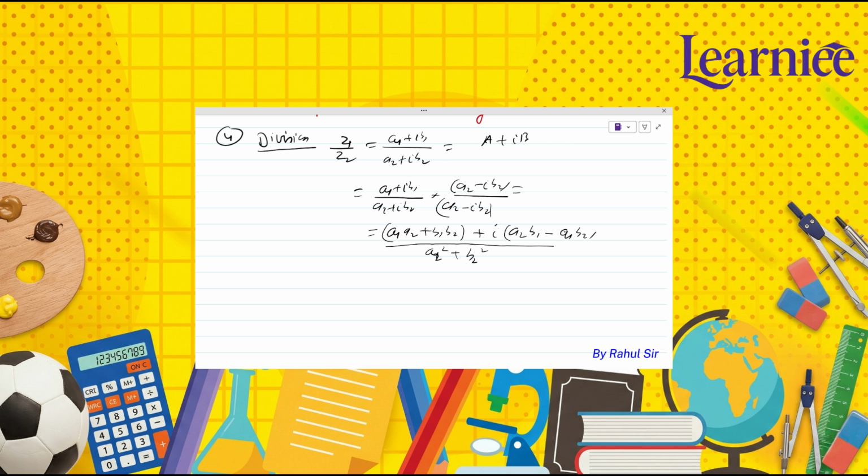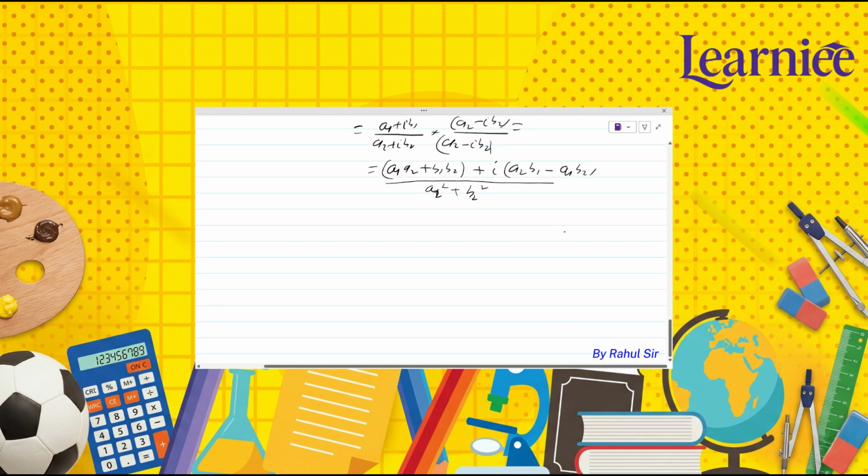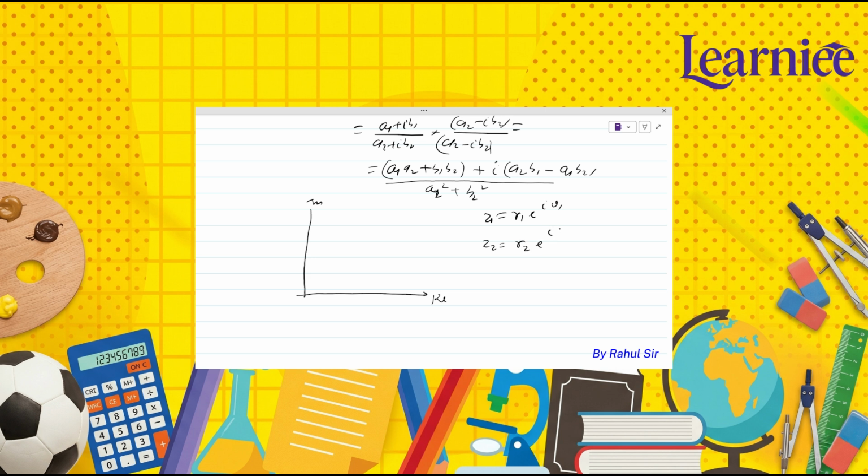Now let's discuss its geometrical interpretation. Let's say this is the real axis, this is the imaginary axis. Somewhere z1. So z1 is r1 e to the power I theta 1 and z2 is r2 e to the power I theta 2.